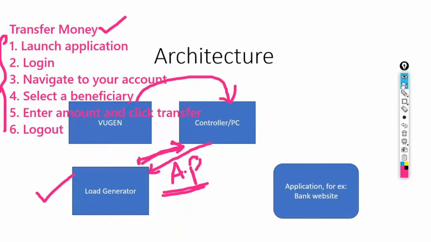This is a demo script which I will be recording to generate code for launch, login, log off. Then click on create. So I just selected the protocol, given the script location and the script name, and clicked on the create button.